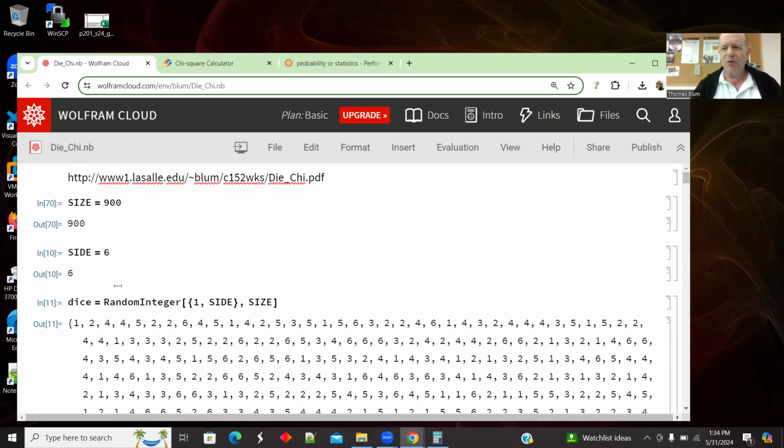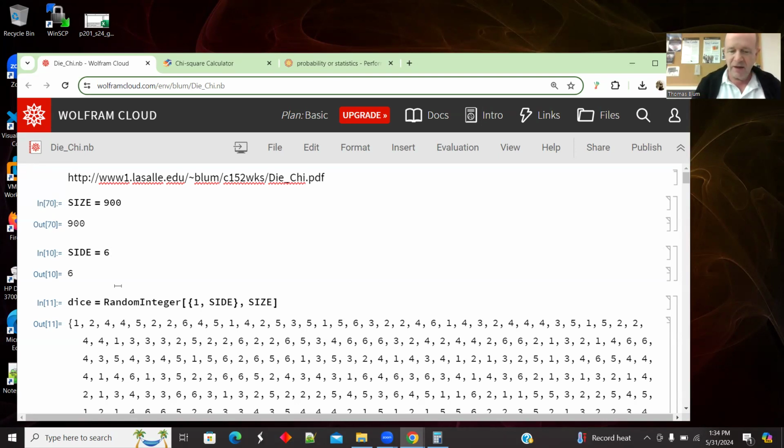It seems a bizarre number, but in my ideal expectations I wanted each side to occur the same amount of times. So I wanted to make my sample size divisible by 6. That's why the crazy size of 900.